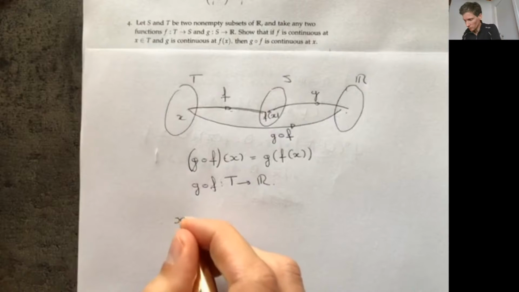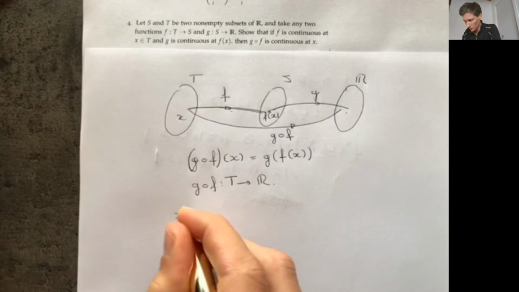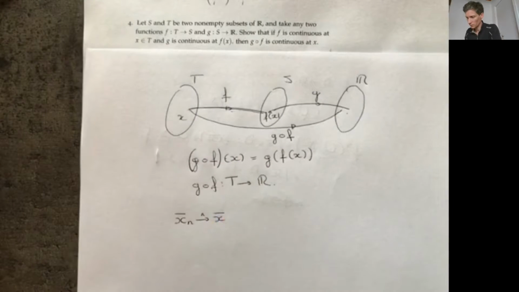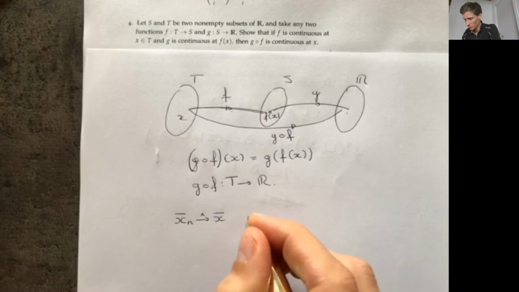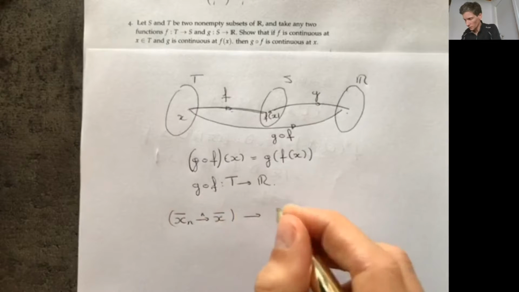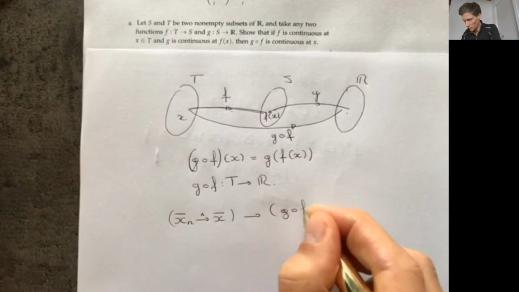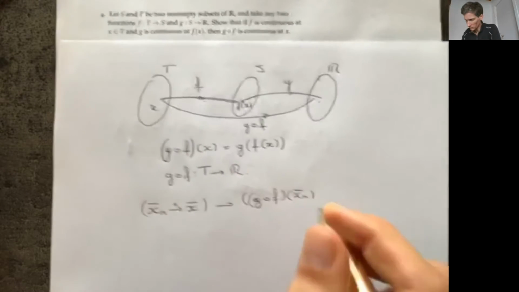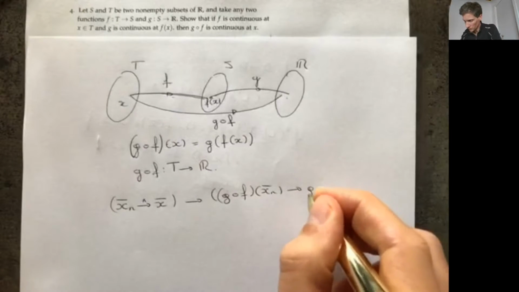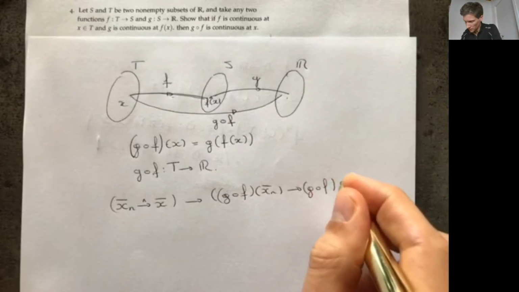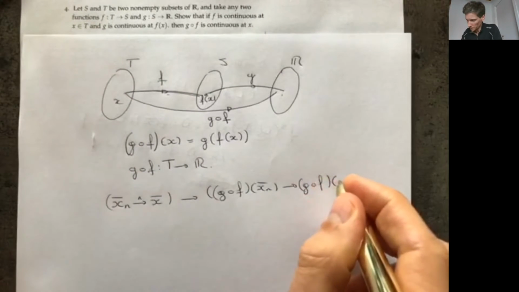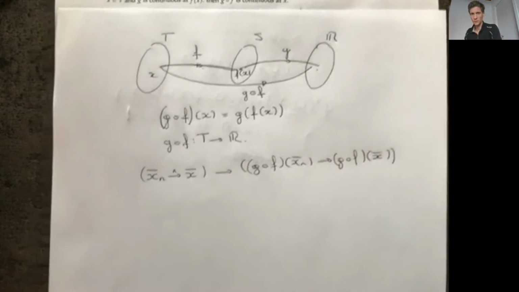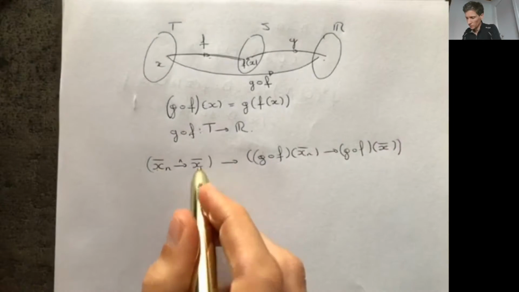We need to show that if we have a sequence x_n in T that converges to some vector x in T, then g after f of x_n converges to g after f of x.